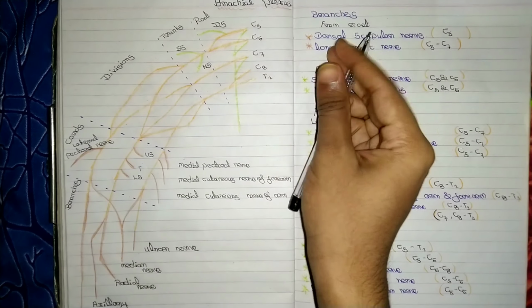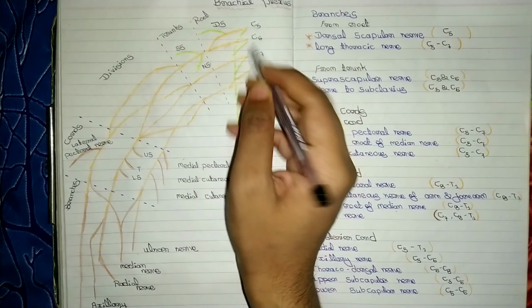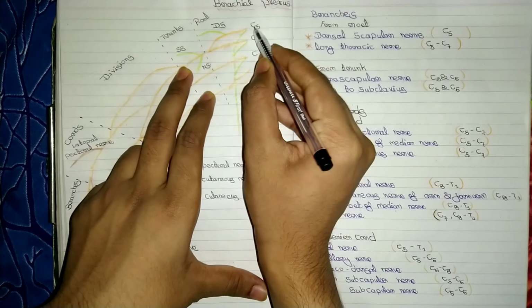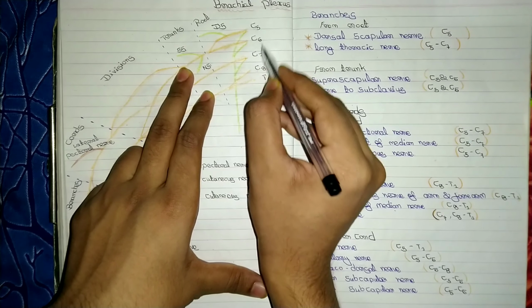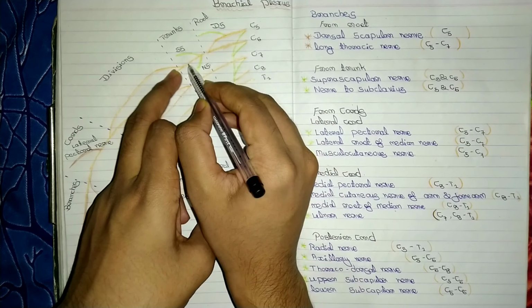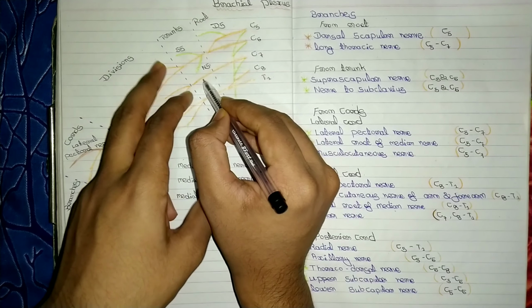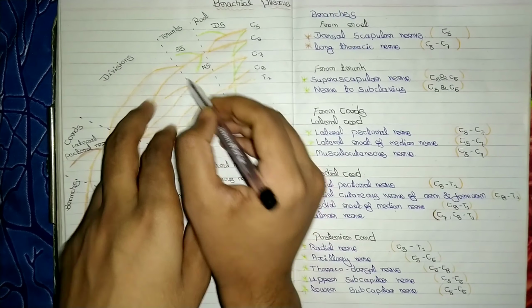Okay. Now we will study the branches of the brachial plexus. Again, we'll revise once more. Roots from C5, C6, C7, C8, T1. The upper two will combine to form the upper trunk. The middle one will continue as the middle trunk, then the lower trunk.